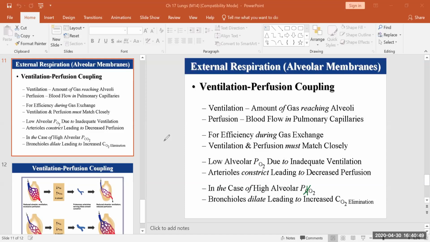Okay, so if the alveolus is properly inflated, vasodilation in the vascular bed. If the alveolus is underventilated, vasoconstriction in the capillary bed. And on that note, I will terminate today's lecture.